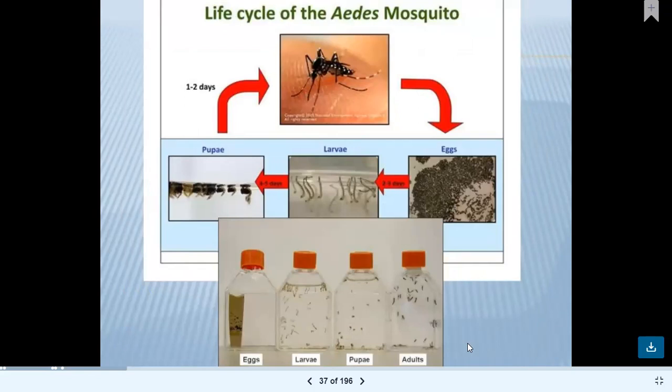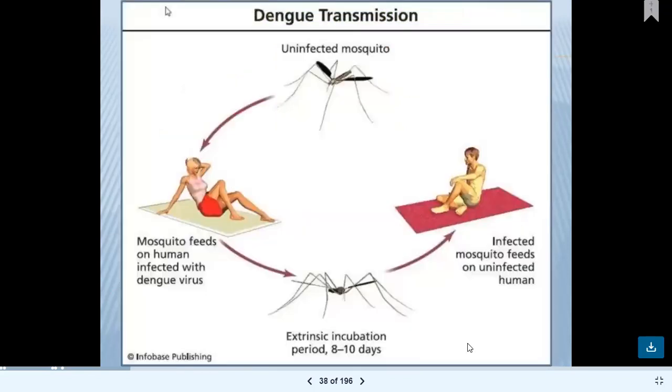After 2 to 3 days, these eggs get converted into larvae. And after 4 to 5 days, the larvae form pupae, from which the cycle repeats itself. The pictures shown below show 4 bottles, in which the first one contains the eggs, the second one larvae, the third one pupae, and the fourth one shows the adult.